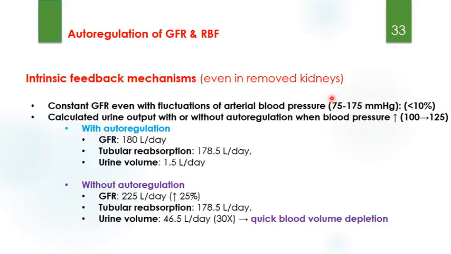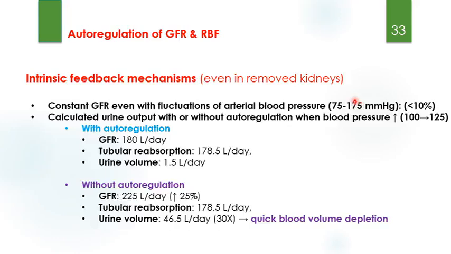If GFR were dependent on blood pressure, we would experience fluctuation of GFR in daily life. But even with fluctuation of arterial pressure from 75 to 175 millimeters of mercury, GFR changes less than 10%.